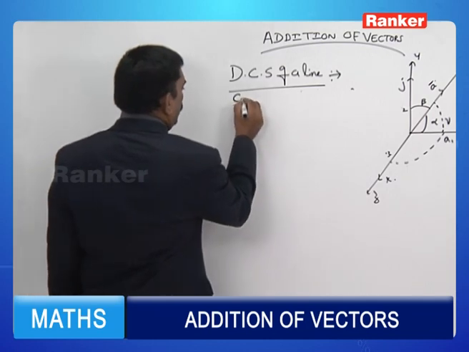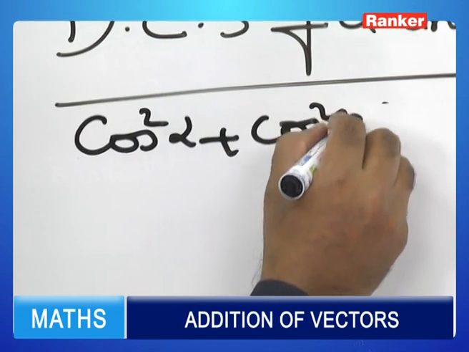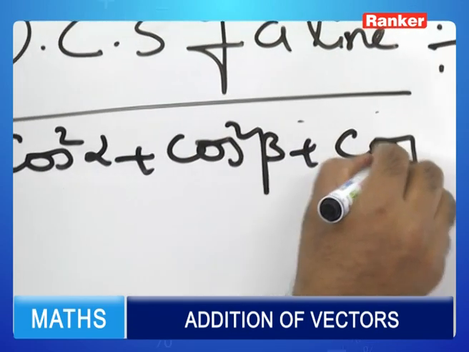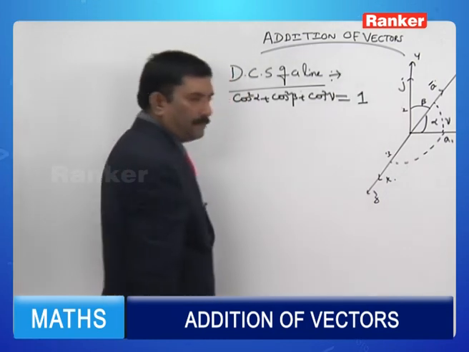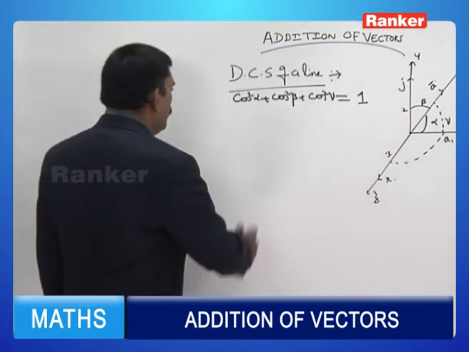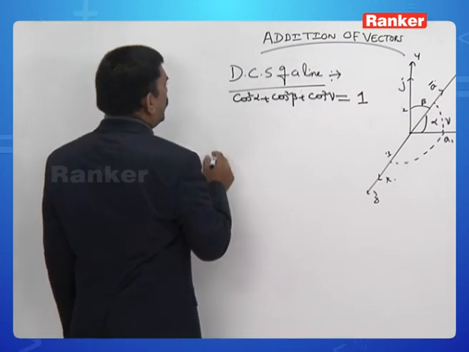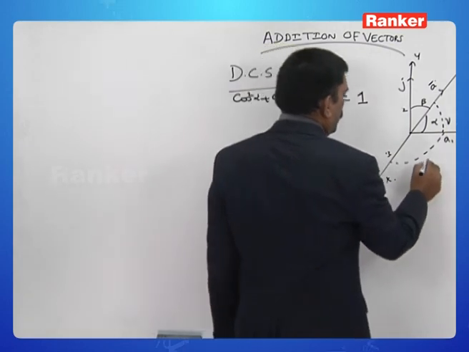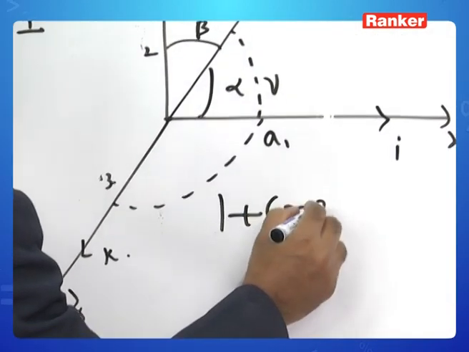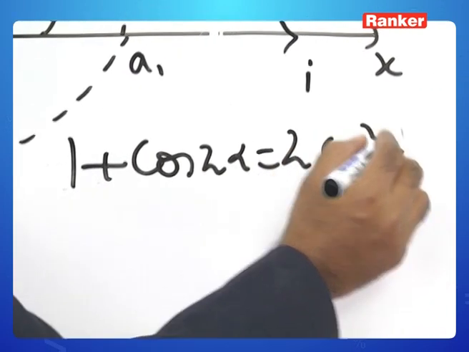Yes, in the same fashion, I can also write when cos square alpha plus cos square beta plus cos square gamma is equal to 1. Now I can write cos square alpha. What is it? We know that 1 plus cos 2 alpha is equal to 2 cos square alpha.